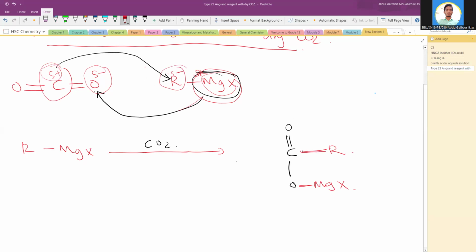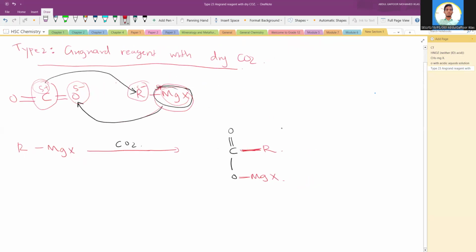Okay, this R group will come and join. Now, again, if you put H3O plus or water, what will happen? This MgX will come as H, right?